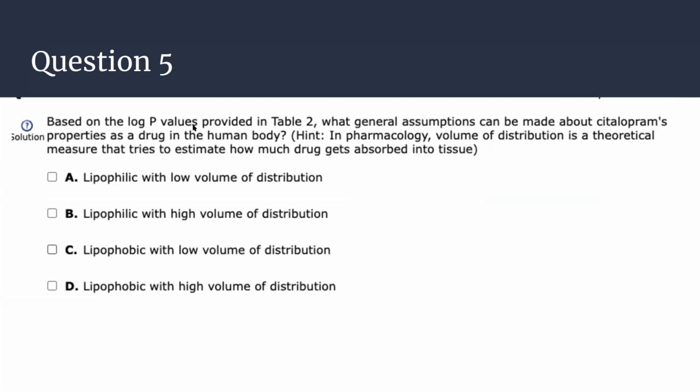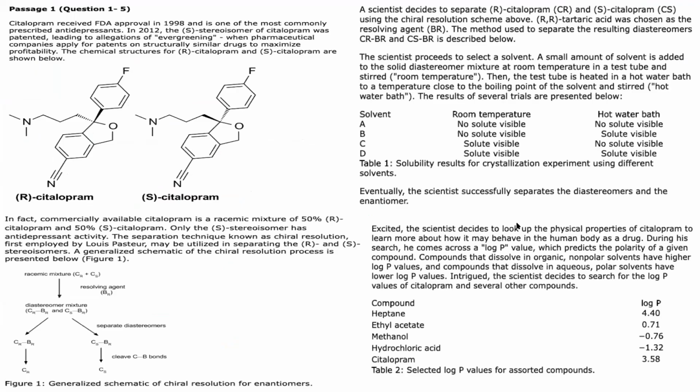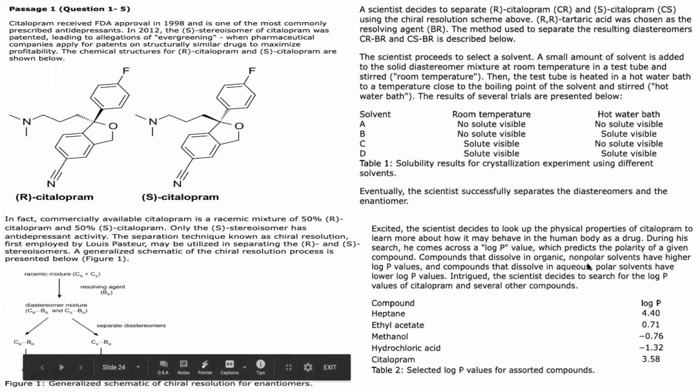So it mentioned the log P values in the... we can go back and see the relationship. But it says non-polar solvents have a higher log P value, and we're trying to look at this one right here, and the highest one is 4.4. So this is pretty high compared to everything else.